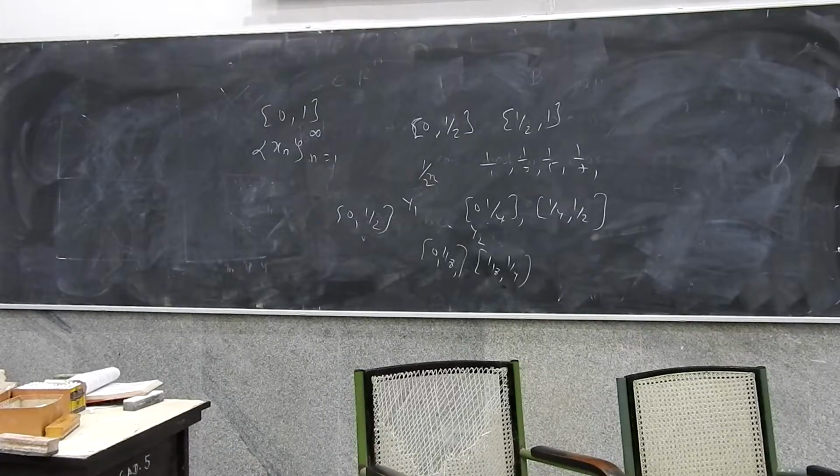I can think of 0 to 3 by 4 and 3 by 4 to 1, in such a way that one of the intervals contains the subsequence fully. Just for the argument's sake, to illustrate the point. So the basic point is we can get these subsequences contained in smaller and smaller intervals so that their corresponding elements are getting closer and closer together, which is the Cauchy property, so that eventually the subsequence converges.